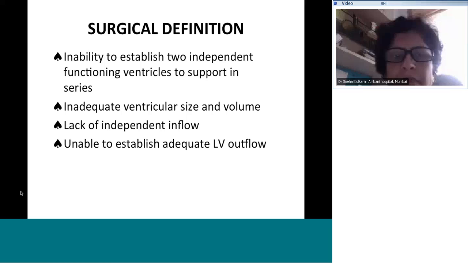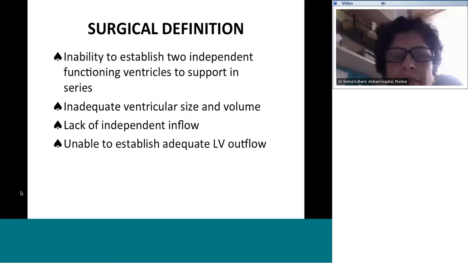Therefore, when we do the echocardiographic assessment, adequate assessment of the ventricular inflow, corrected with z-scores, is one of the major determinants of the adequacy of ventricular size and volume. So one is inadequate ventricular size and volume, and another is lack of independent inflows, either hypoplasia or a mitral atresia or tricuspid atresia.